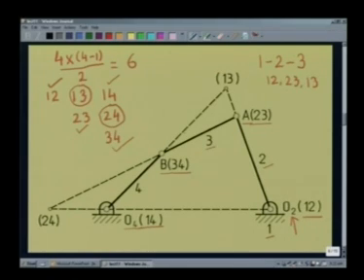Out of these 3, we have already determined 1, 2 and 2, 3. So 1, 3 must be on the line joining 1, 2 and 2, 3, that is the line joining O2A. This line O2A must contain the 3rd instantaneous center, namely 1, 3.